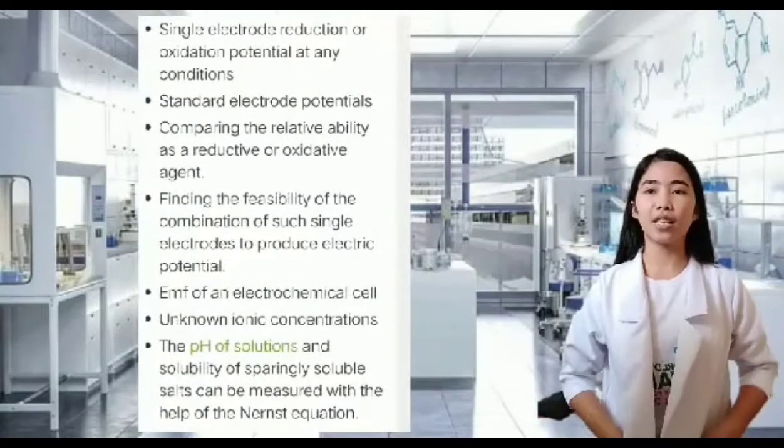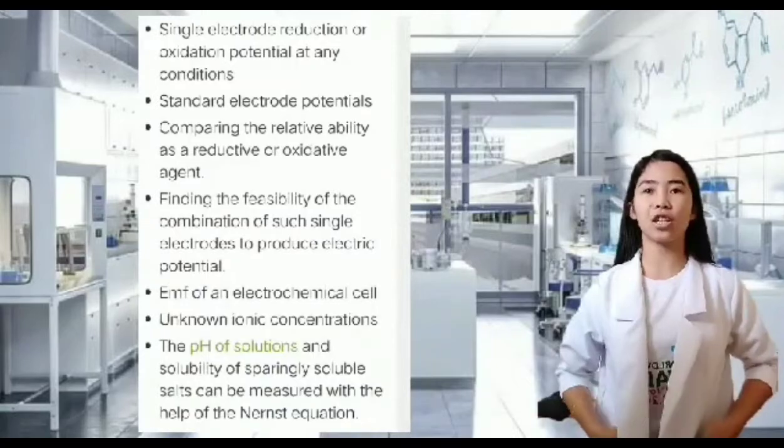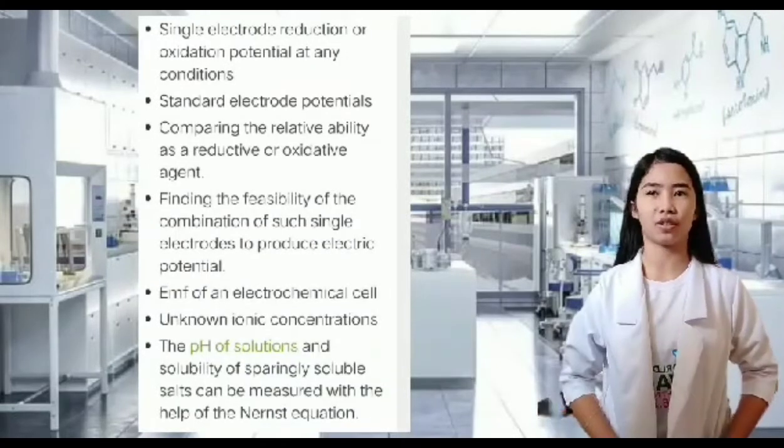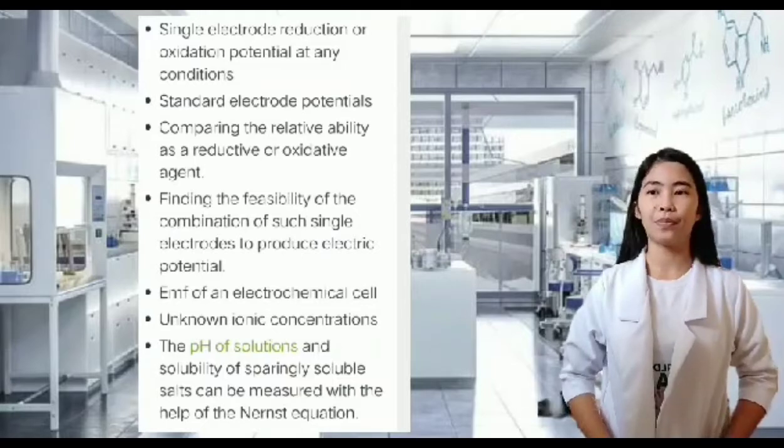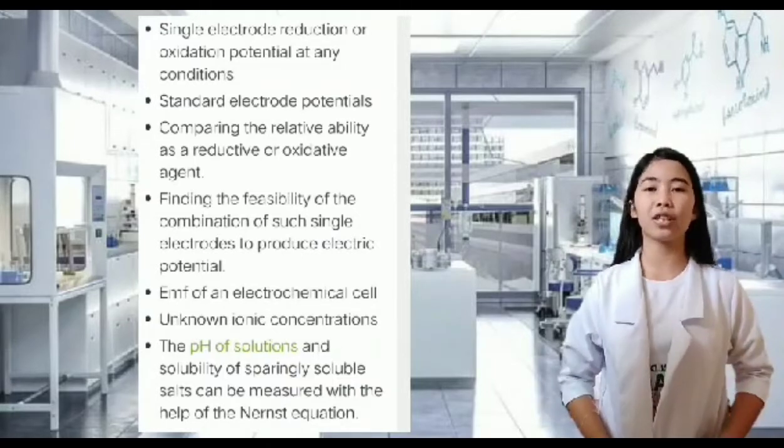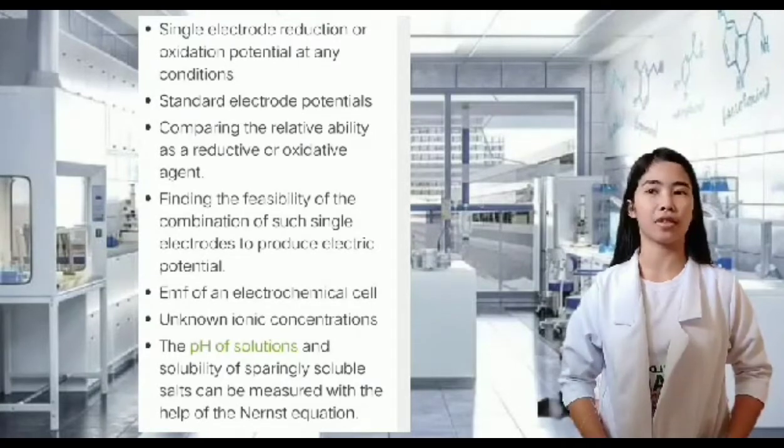So, always remember that the Nernst equation can be used to calculate the following. Number 1, single electrode reduction or oxidation potential at any conditions. Number 2, the standard electrode potential. Number 3 is comparing the relative ability as a reductive or oxidative agent.